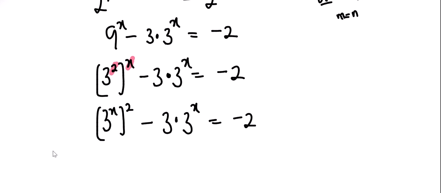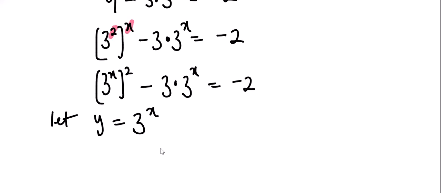Next, let y be equal to 3^x. So we're going to plug in y for 3^x. Here is going to be y squared, and this is also going to be y. So I'm going to have y squared minus 3 times y equals negative 2.